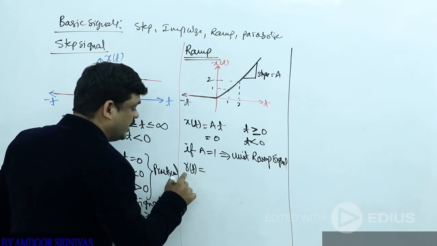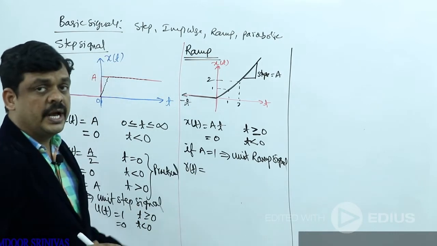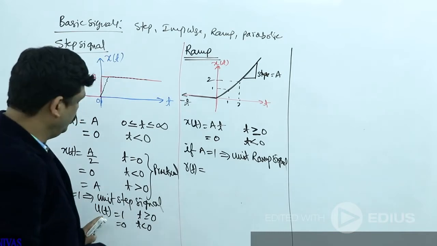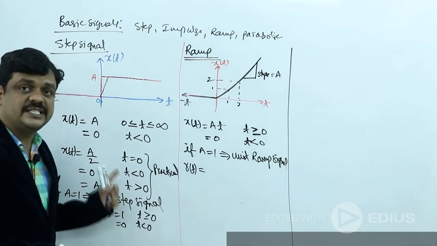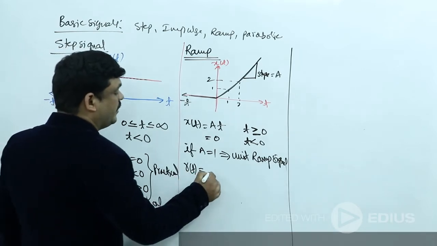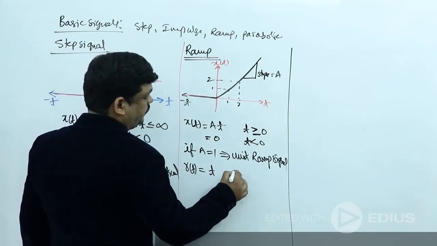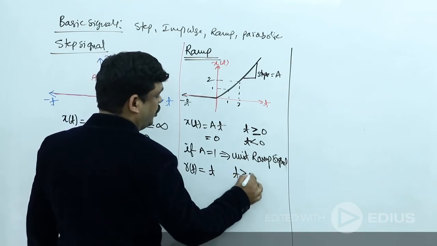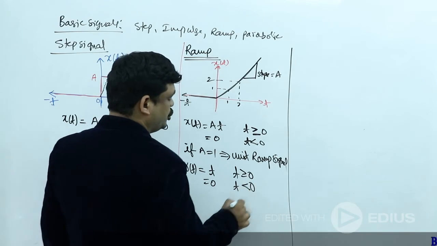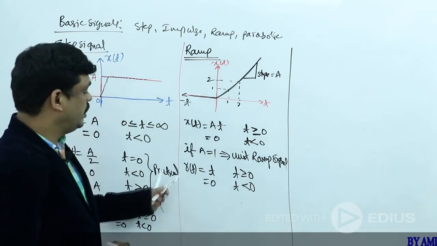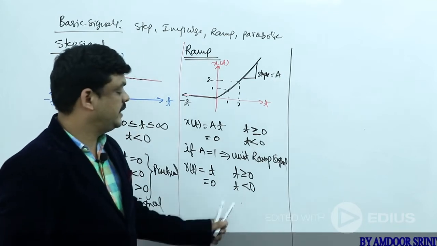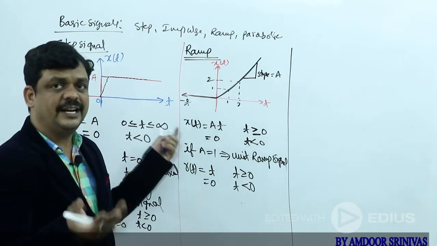Please remember another important representation. r of t is nothing but the unit ramp function, and u of t is nothing but the unit step signal or unit step function. So r of t is equal to t for t greater than or equal to 0, and 0 for t less than 0. So the negative time axis is not defined.